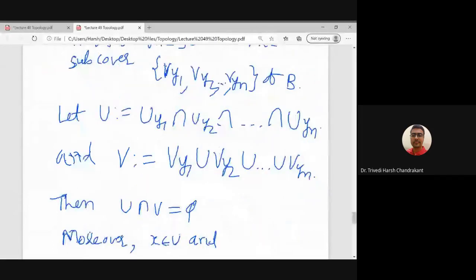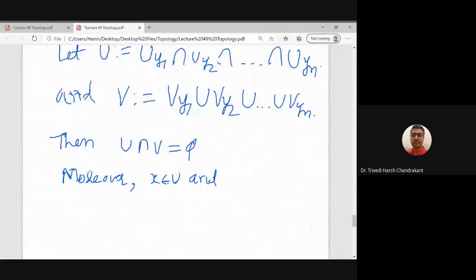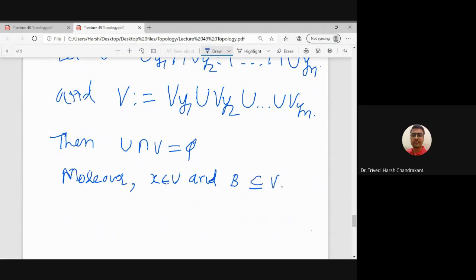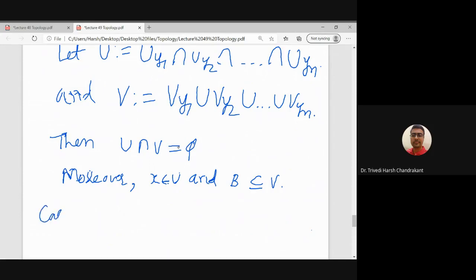Therefore x belongs to U. On the other hand, y1 belongs to Vy1, y2 belongs to Vy2, so finally we get that the set B itself is contained in V. So in this case, our property of the normal space is satisfied for case 1, when A is a singleton set.